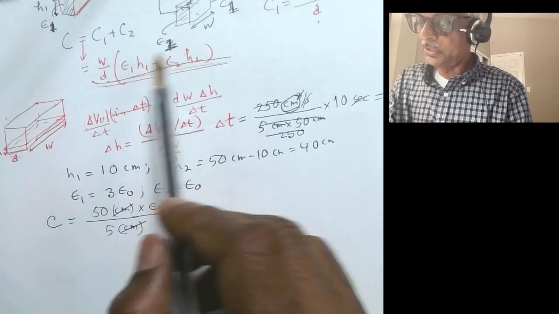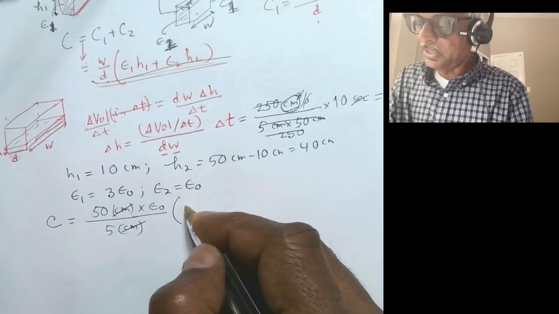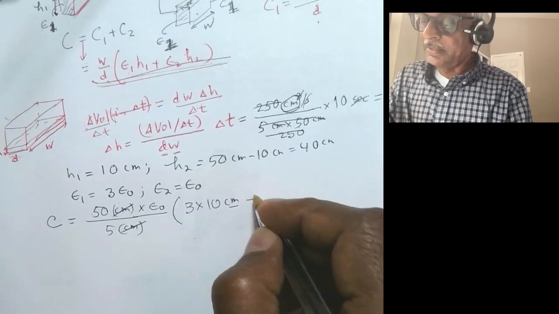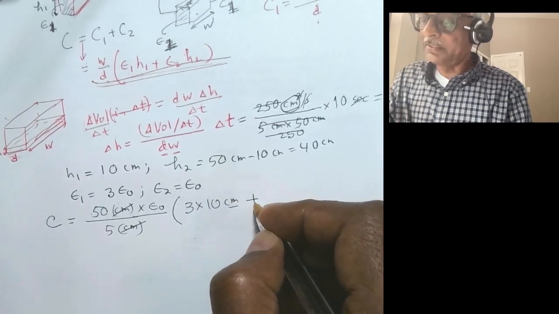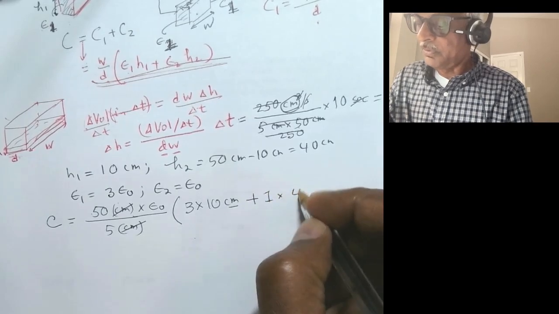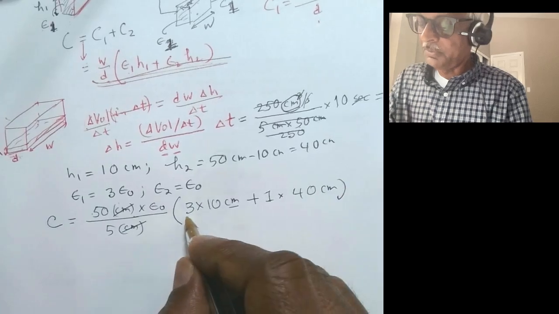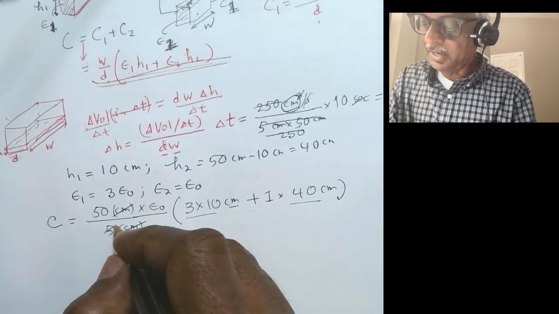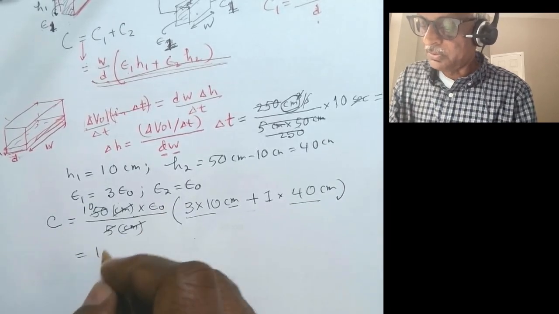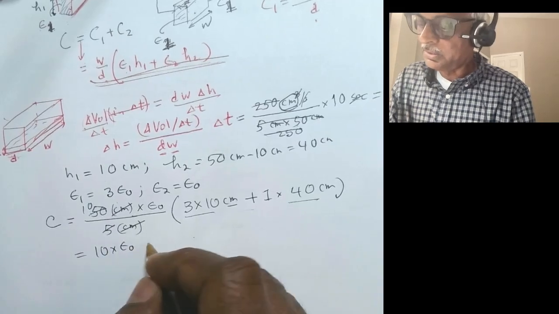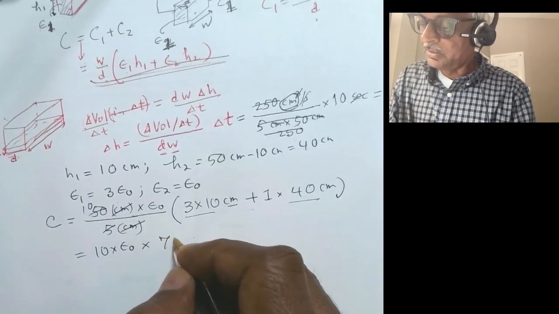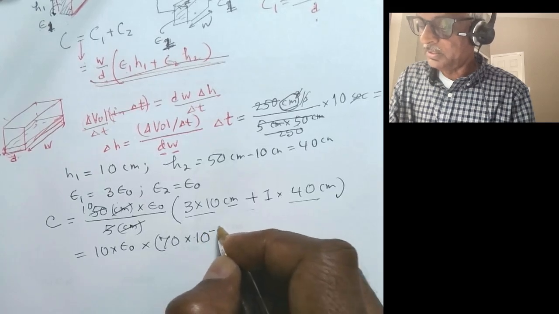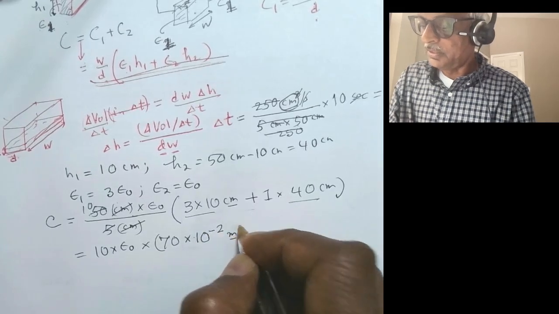Then you have epsilon 1 with H1, so 3 times 10 centimeter, plus 1 times 40 centimeters. So 30 plus 40 is 70 centimeters, and this is 10 times epsilon naught times 70, but this is centimeter, so I need to convert into 10 to the minus 2 meter.